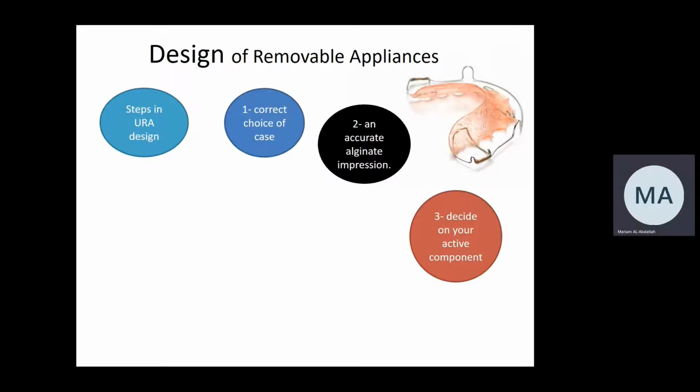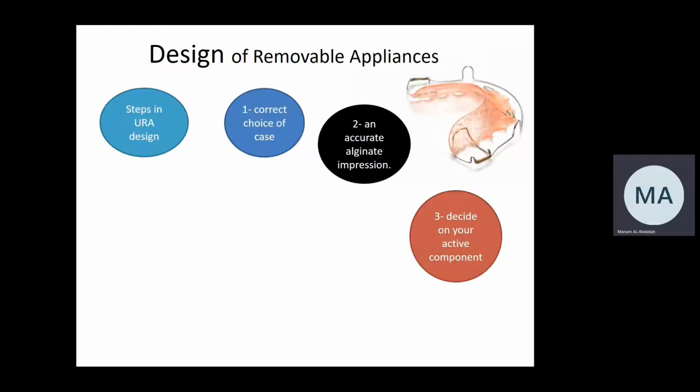Now, when I think about the actual design, the first thing I need to choose is the active components. So I need to know why I'm using this appliance. What teeth do I want to move and in which direction? And accordingly, I go for my active component.